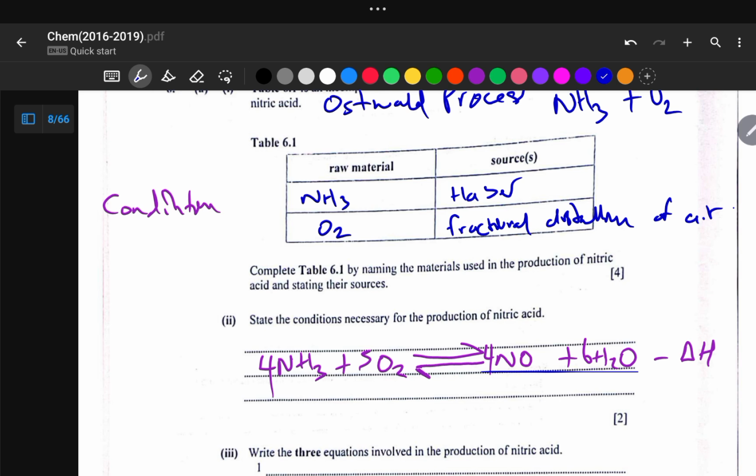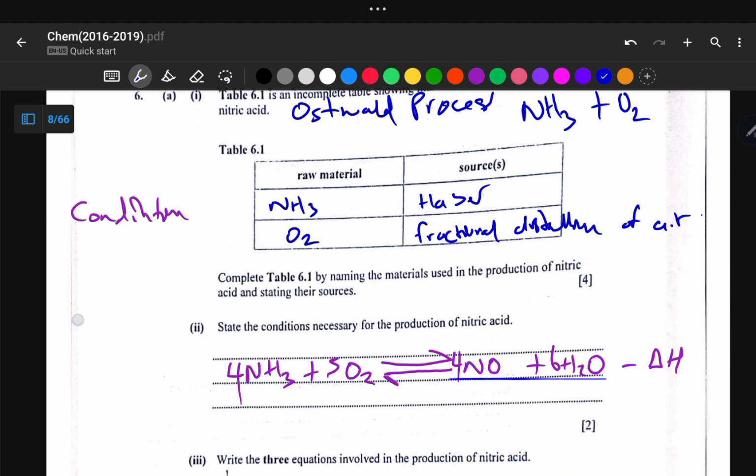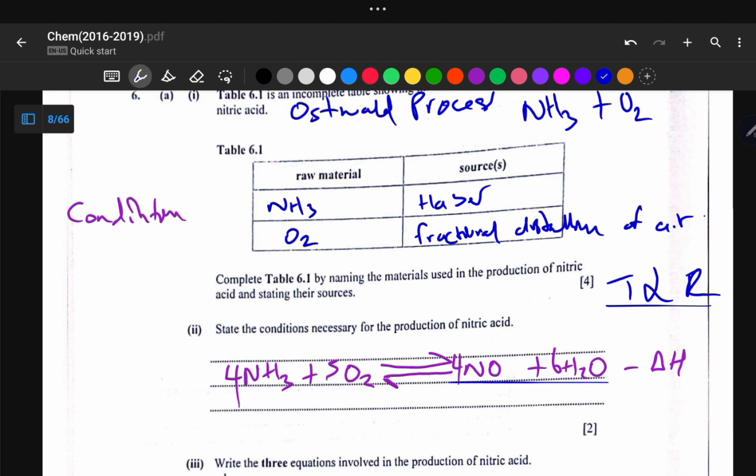But if we use lower temperatures, the reaction will be slower. Why? Because according to the kinetic theory of matter, temperature is directly proportional to the rate of the reaction, right? So when we reduce the temperature, the rate of reaction becomes slower, meaning we haven't met the requirements.